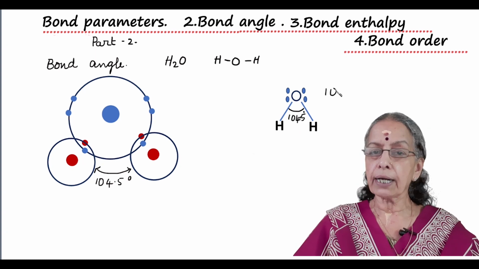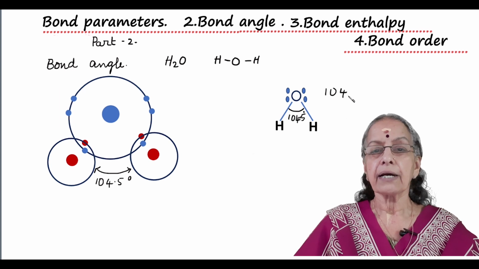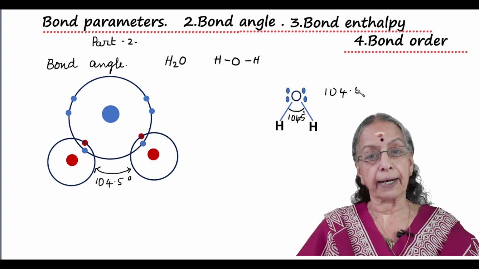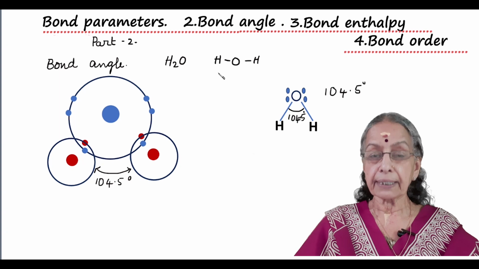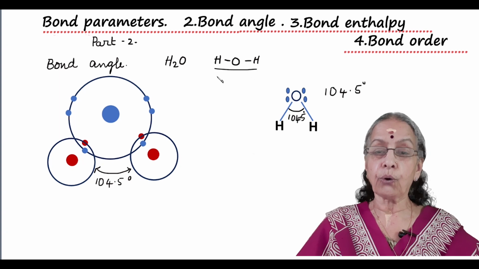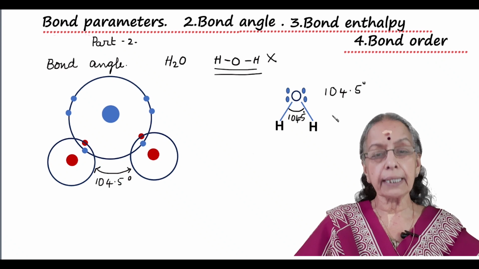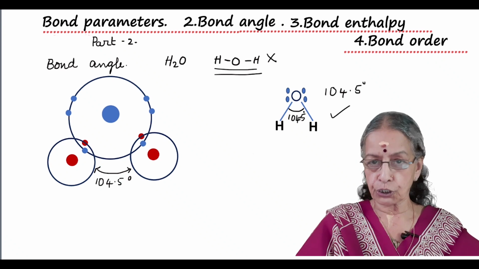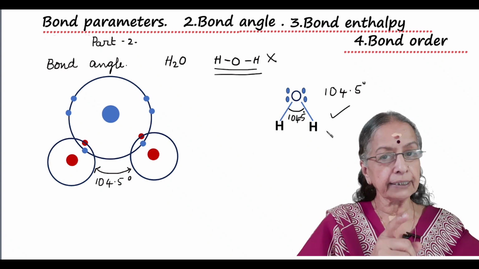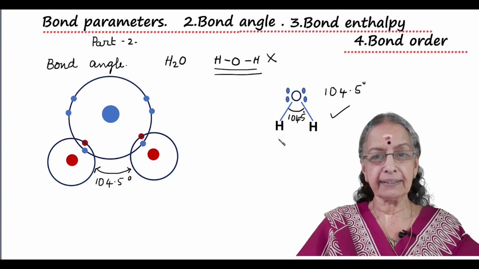That is, the bond angle for water is 104.5 degrees. Representing it as HOH in a straight line is wrong. It has to be represented as is shown in figure number 2. I hope it is clear.